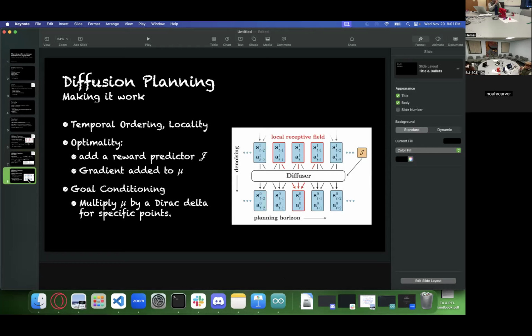So what does it being fully convolutional really mean? It means that we're only looking at the local region in trajectory time in order to predict the next state in diffusion time.